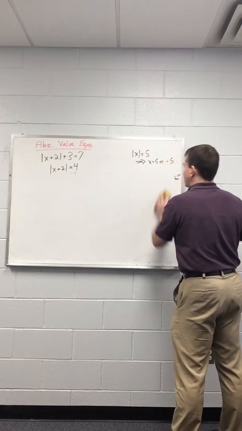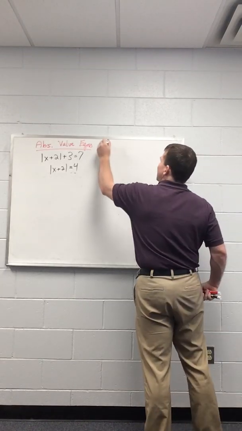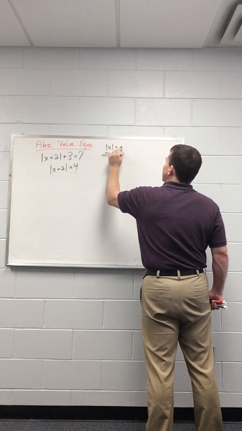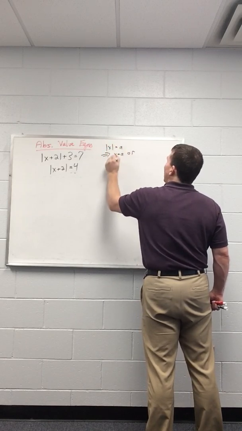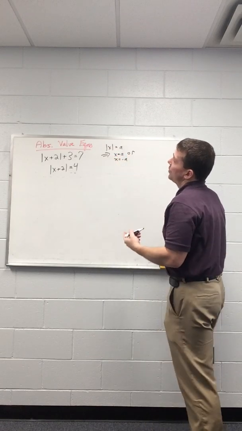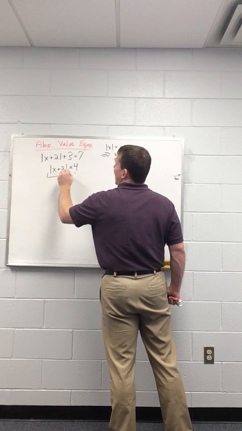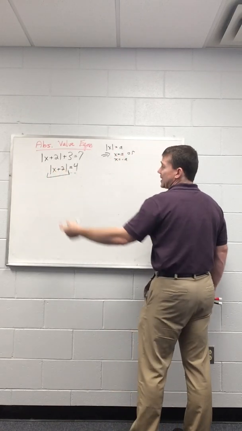So, we just said the absolute value of x equals a means x equals a or x equals negative a. So use that. This is not the absolute value of x, it's the absolute value of x plus 2, but it doesn't matter.